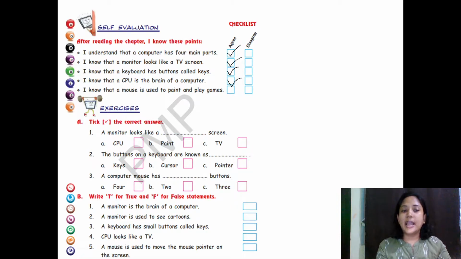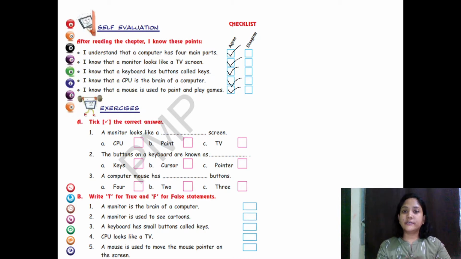I know that a mouse is used to paint and play games. Is it? Yes, the mouse is used to paint and play games. Very good, children.